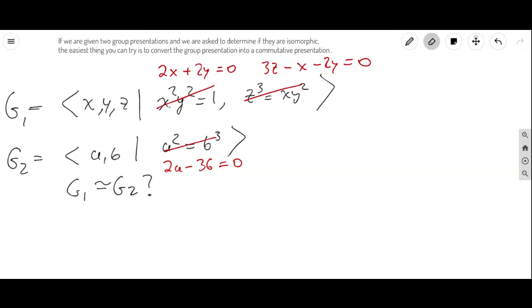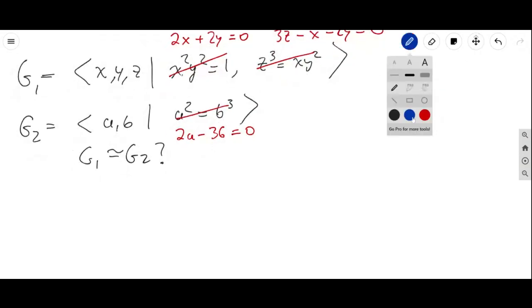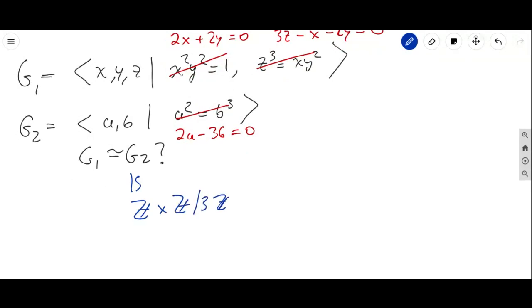And if it were to turn out that these two groups are not isomorphic as commutative groups, which you can now check by using the classification theorem, then, let's say it turns out that this one is isomorphic to, I'm making this up, I did not do the calculation, Z mod 3Z, and this one ends up being isomorphic to 2 copies of Z mod 3Z.